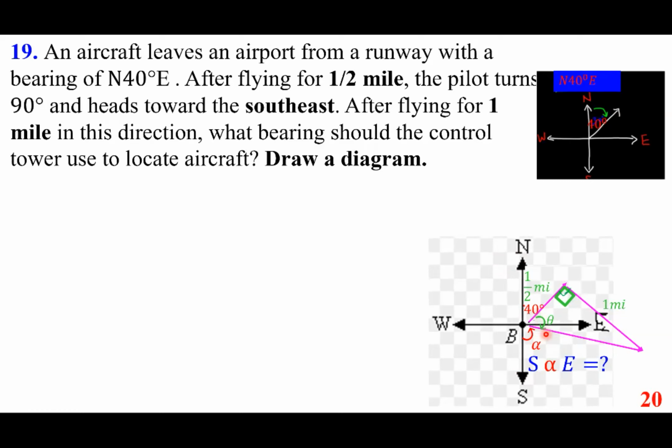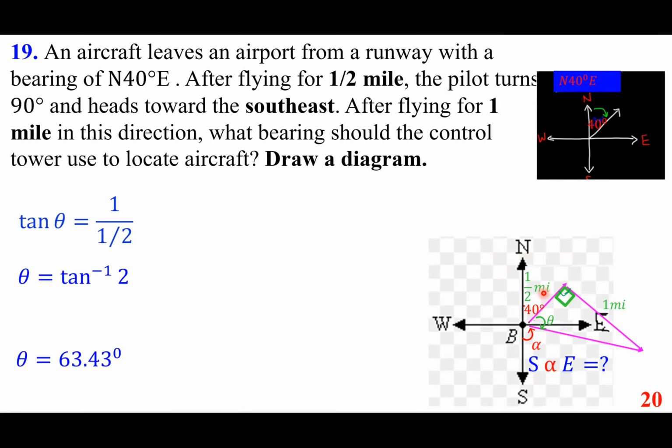So this angle is theta, and tan of theta is the opposite, which is 1 mile, over the adjacent, which is half a mile. 1 over 1/2 is 2, and therefore theta is tan inverse of 2, which is 63.43 degrees. So this is 40 degrees. Theta is 63.43. So what is alpha?